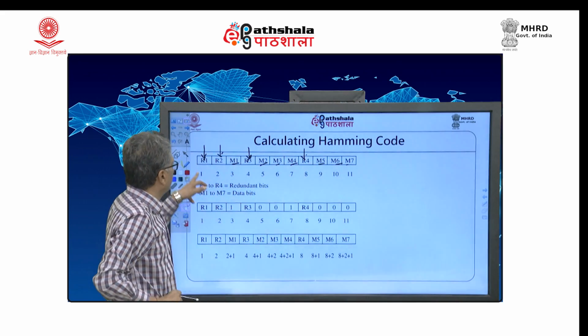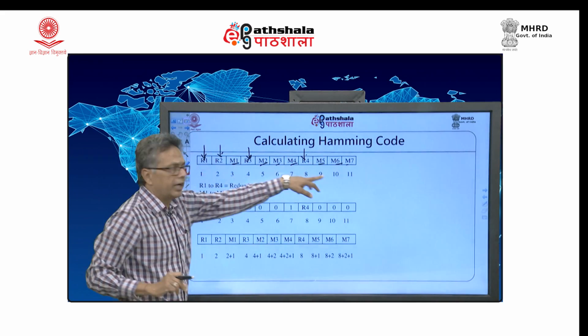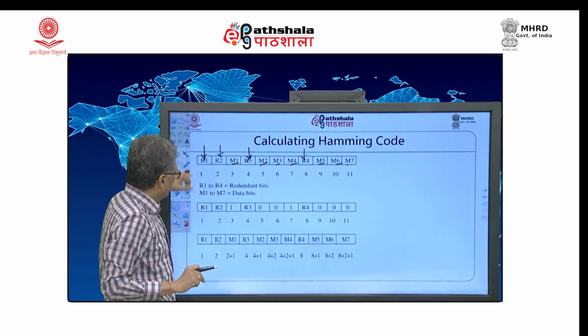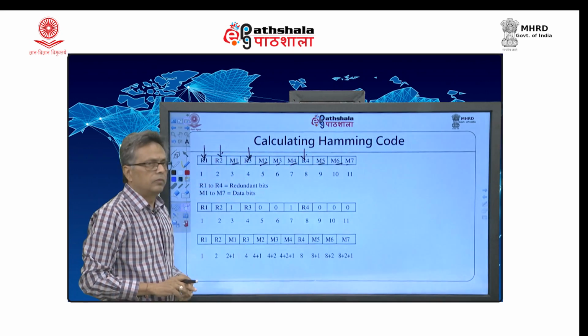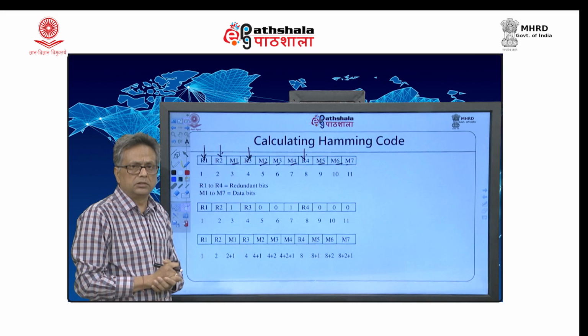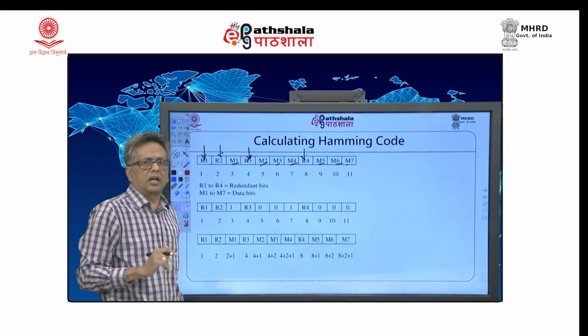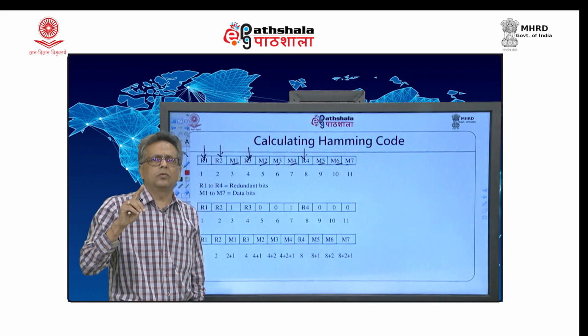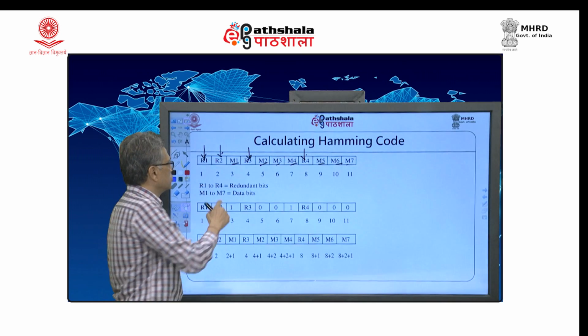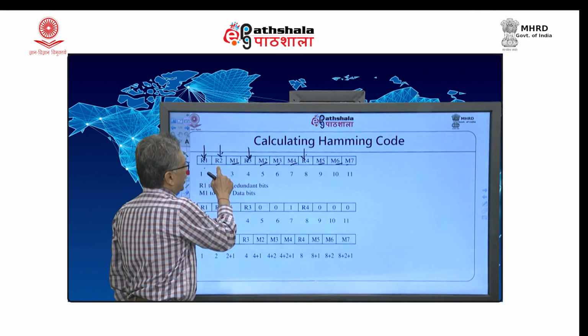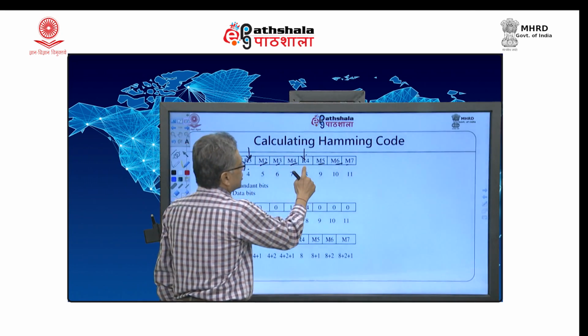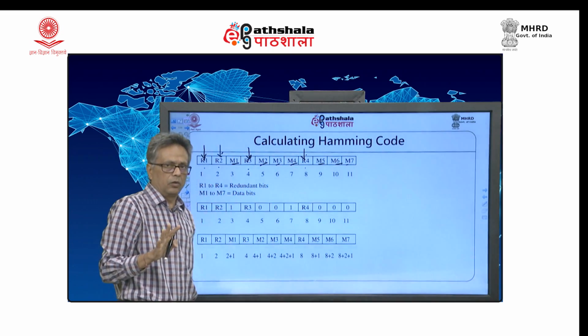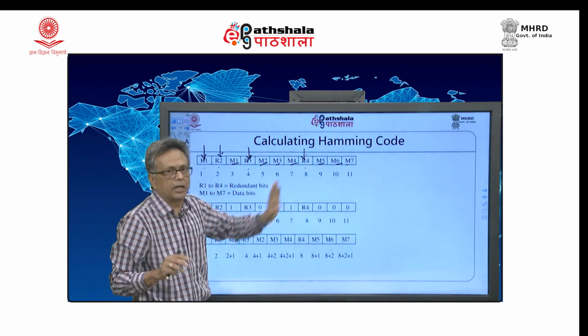Now, if you look from left to right and number as 1, 2, 3, 4, 5, 6 to 11, redundant bits are at the position of 2 raised to n. So, it is 2 raised to 0, 2 raised to 1, 2 raised to 2 and 2 raised to 3. We have 4 bits. Okay. So, this is precisely their position.